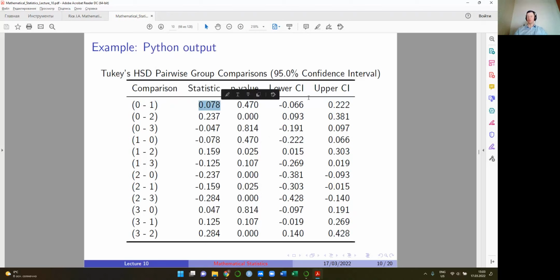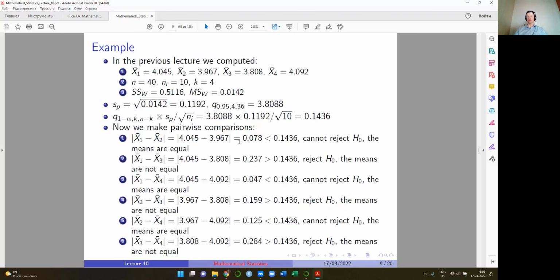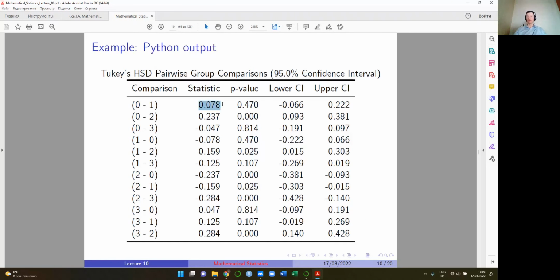Statistic 0.078. Let's compare this with what we have calculated. It's here, right? So 0.078. It calculated the correct result. But now, instead of this Q and instead of the critical value, we have p-values. And as we discussed, p-values are also a very nice and convenient way to test the hypothesis.